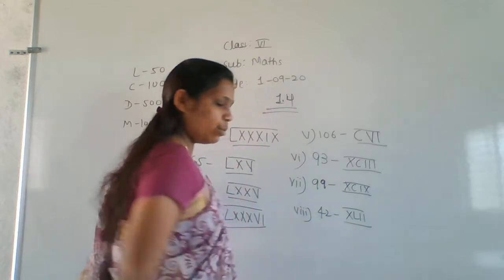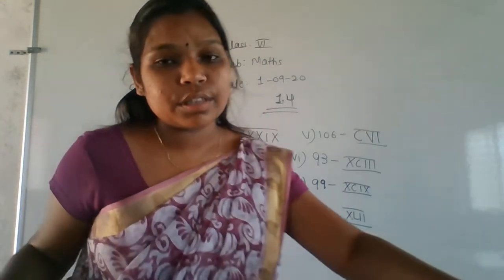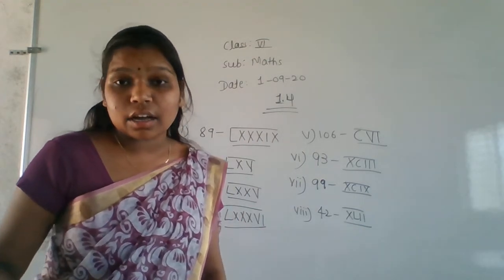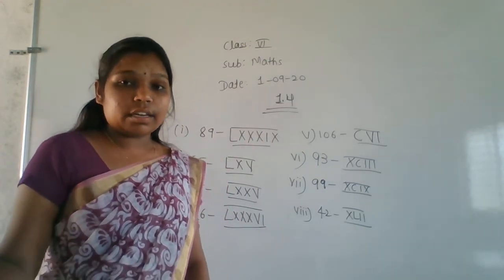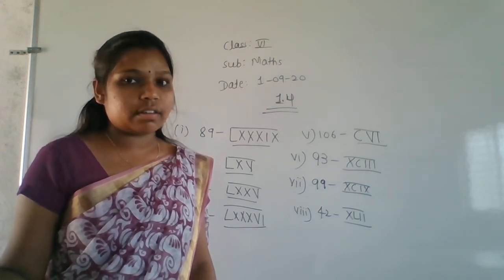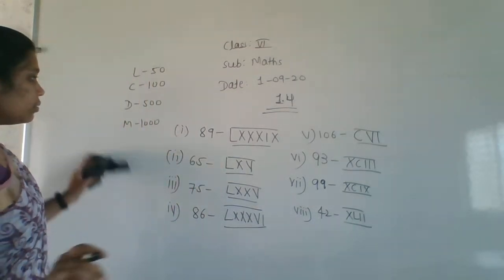This is the 42 value. Okay, I am just going to write the answers on the board. Note down those answers and after that think how it is. Only then will you be thorough with that concept. Otherwise, you will not understand anything.